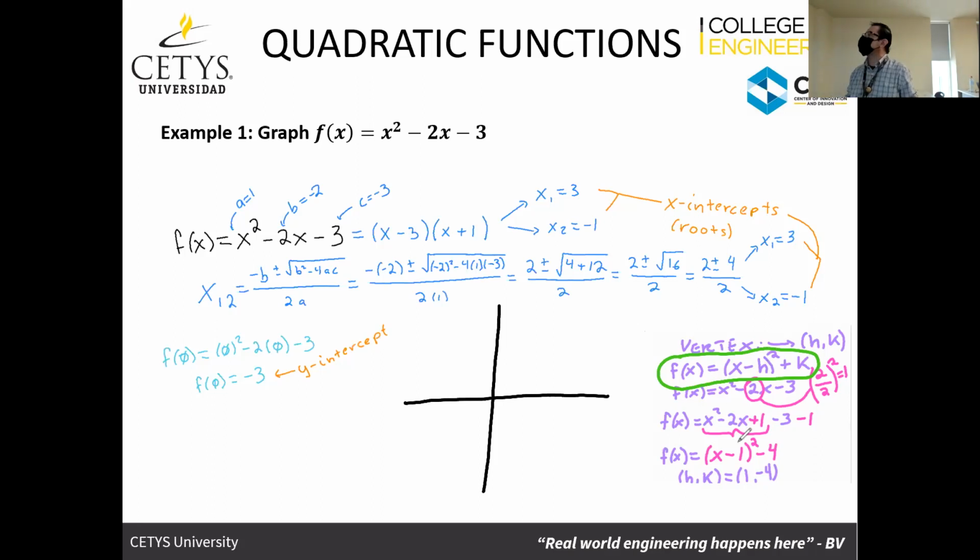So if we have x -1, it's going to be directly the 1. If we would have had x plus 1, it would have been -1. It's going to be the value of the negative constant that we have inside here. And since it's already negative, that's why we grab the 1.